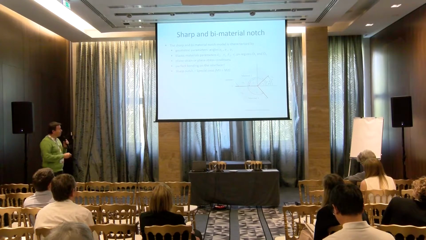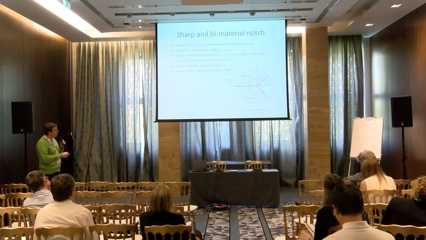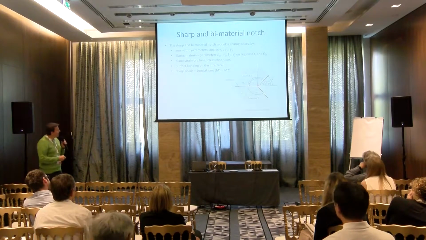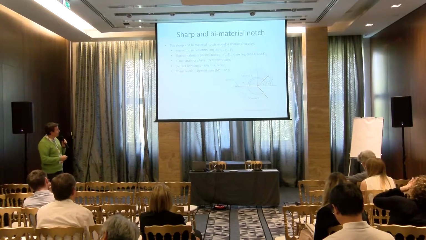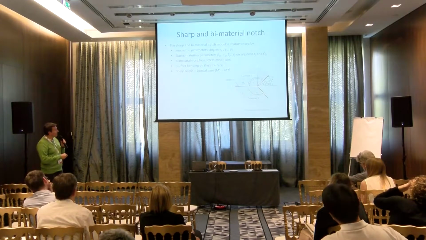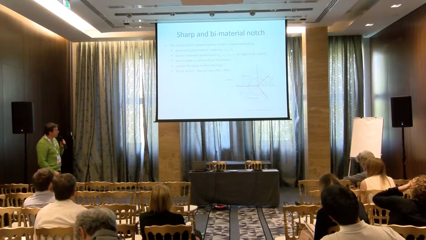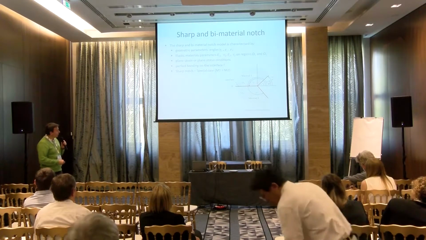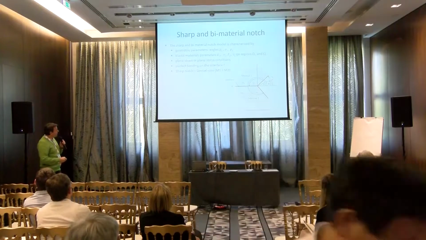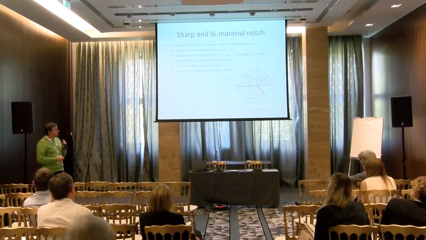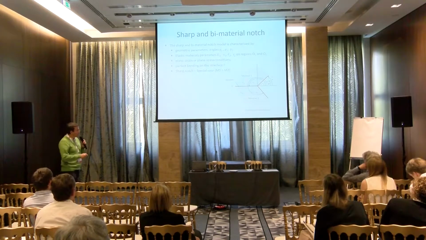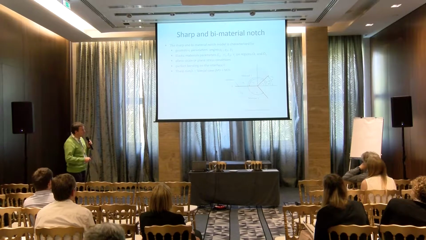Materials are characterized only by their elastic parameters, Young's modulus, Poisson's ratio, and finally I must say that we consider only plane strain or plane stress conditions. We also assume perfect bonding on the interface. And as to the sharp notch, we consider sharp notch as a special case of bimaterial notch, where material 1 equals material 2.